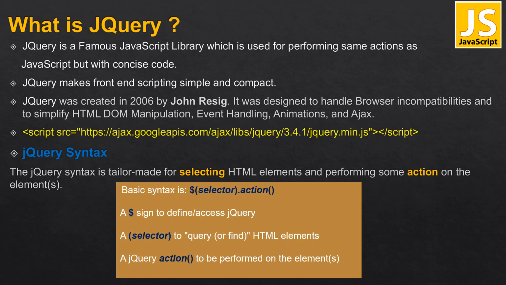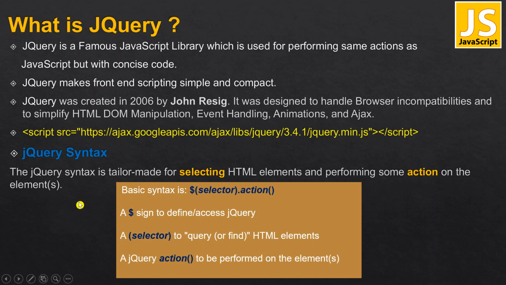Here also the first step is selecting the appropriate HTML element. Step 2 is applying some code, some functions over that HTML element. So the fundamental steps are only 2. jQuery syntax is tailor made for selecting HTML elements and performing some action on the elements.